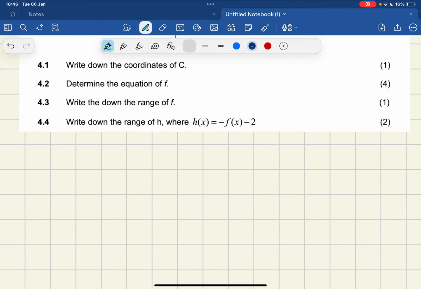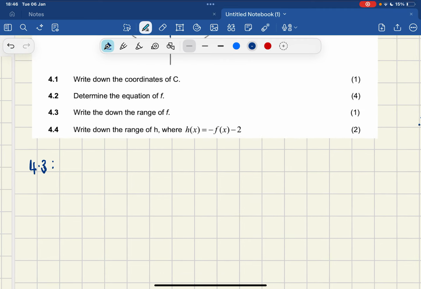Question 4.3 proceeds to say to us, write down the range.